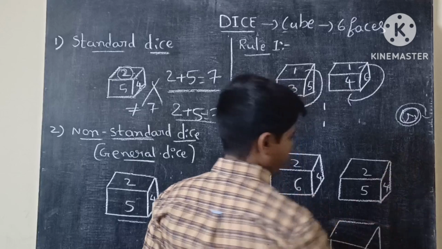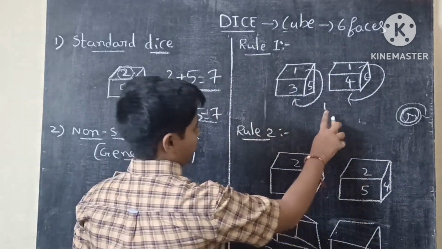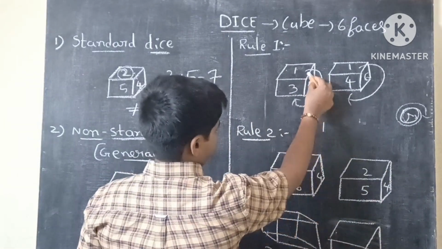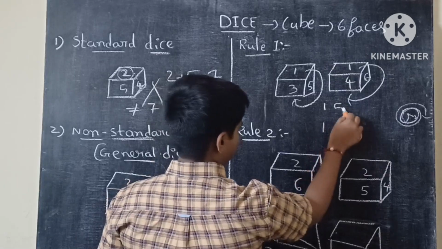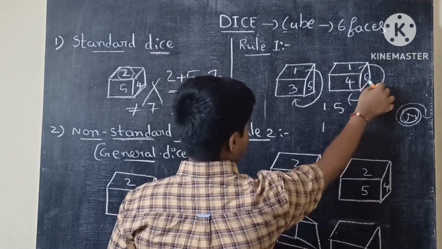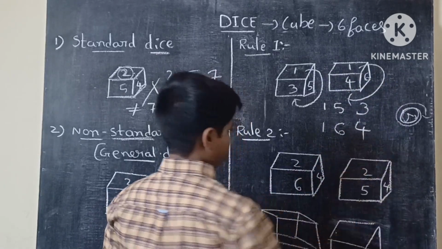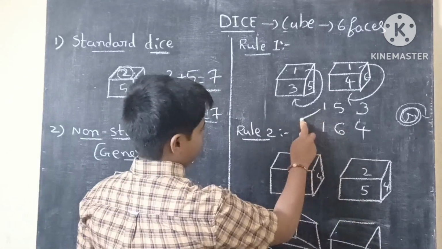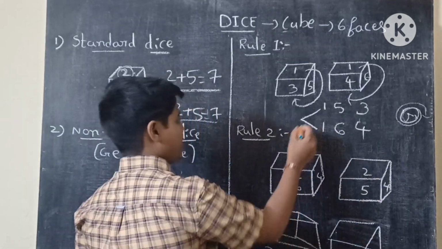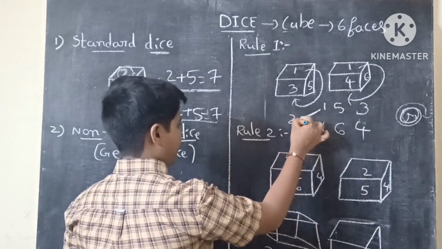So clockwise, write numbers 1, 5, 3 and here 1, 6, 4. Here one number is missing, so we write like this.